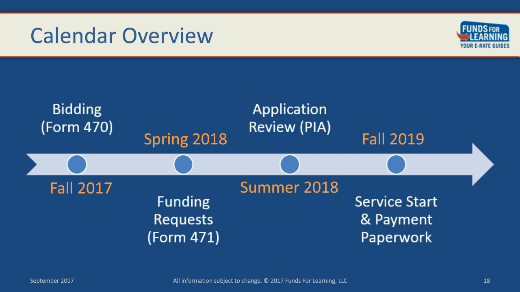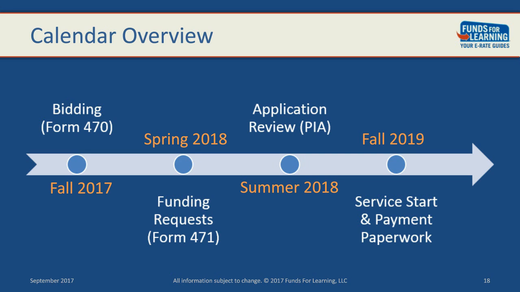So if you are ready today, if you haven't done so, prepare your Form 470, your RFP, release that information, gather your quotes, gather your bids, and then begin to prepare for the funding requests, which will be submitted via the Form 471 sometime next spring. Now, those final dates for the funding request filing window have not yet been set, but we expect it will be sometime in the January to March or April timeframe.